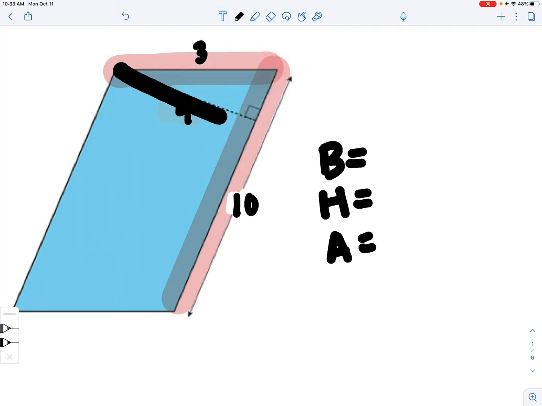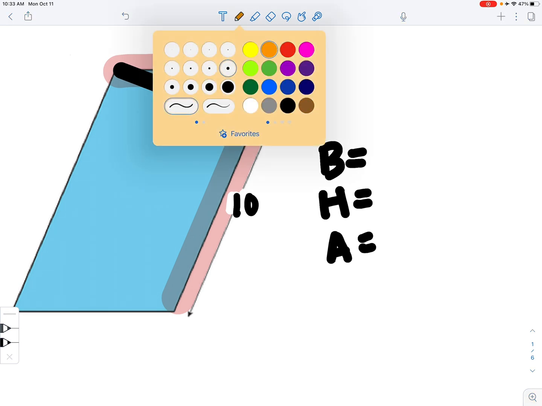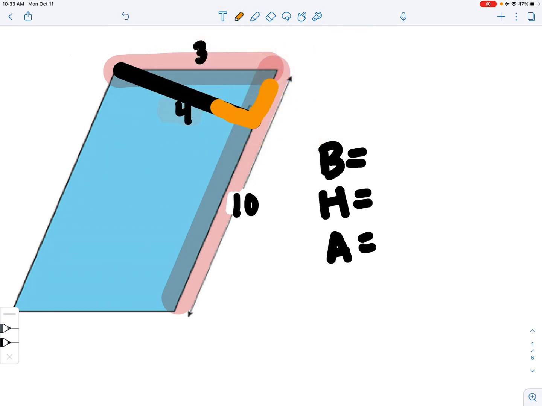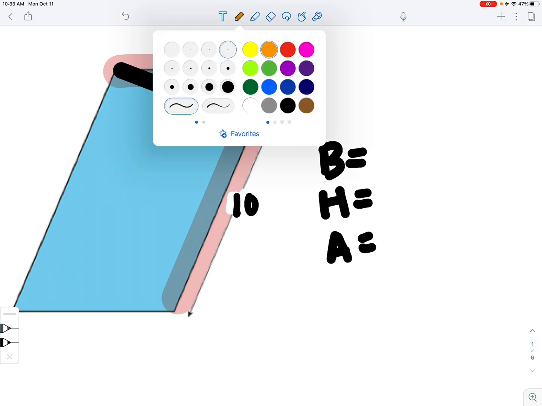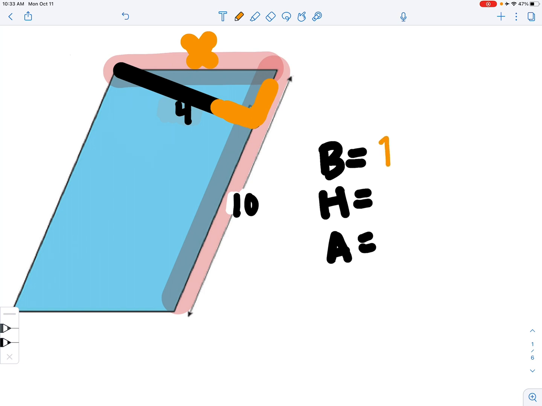Now, the only right angle I'm seeing is this one here between the 4 and the 10. So in that case, we're not going to use the 3. So we'll have as our base 10. Our height is 4. And our area is going to be 10 times 4 equals 40.